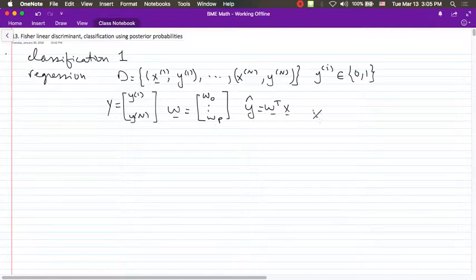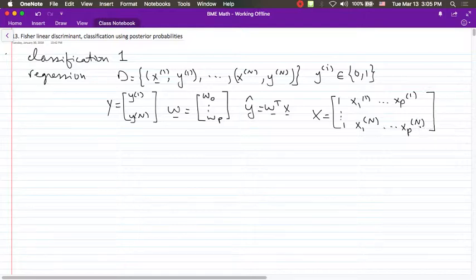And so we make our matrix X to look like this. And we then find our maximum likelihood estimate of this weight, which was the normal equation that you've seen before.